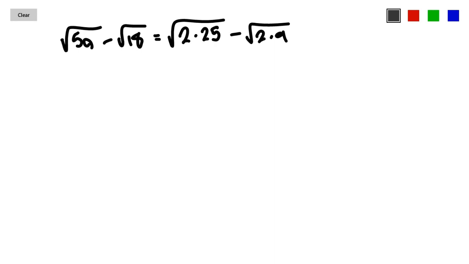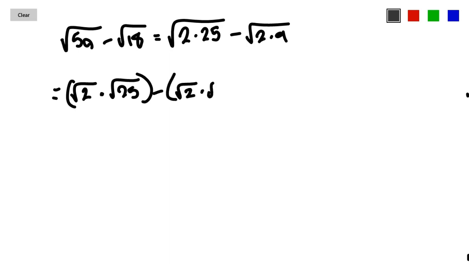And using this following property, that if I have the root of two numbers, this is equal to the product of the roots of the two numbers, I can rewrite the expression in this way. So this is the same as me writing the square root of 2 times the square root of 25 minus the square root of 2 times the square root of 9.